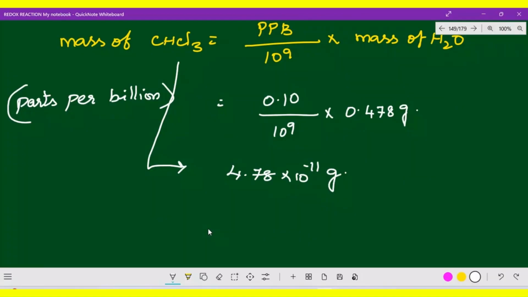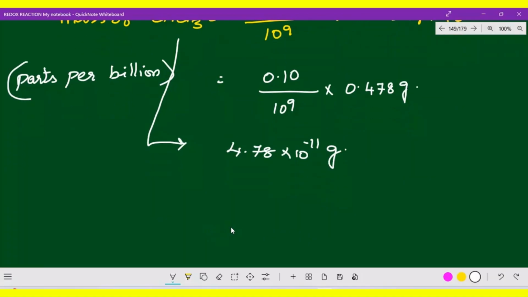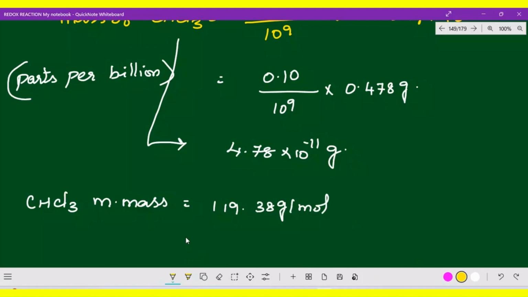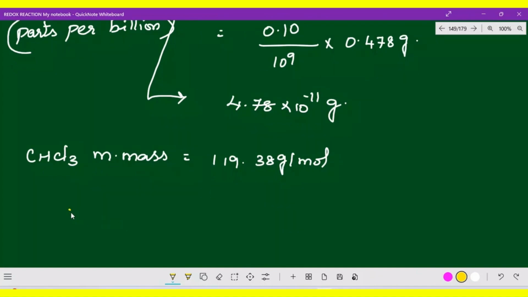Now we have to find the moles of chloroform. How to identify? Given mass by molecular mass. So CHCl3, molar mass equals how much? 119.38 gram per mole. This is chloroform. And now number of moles equals given mass by molar mass.